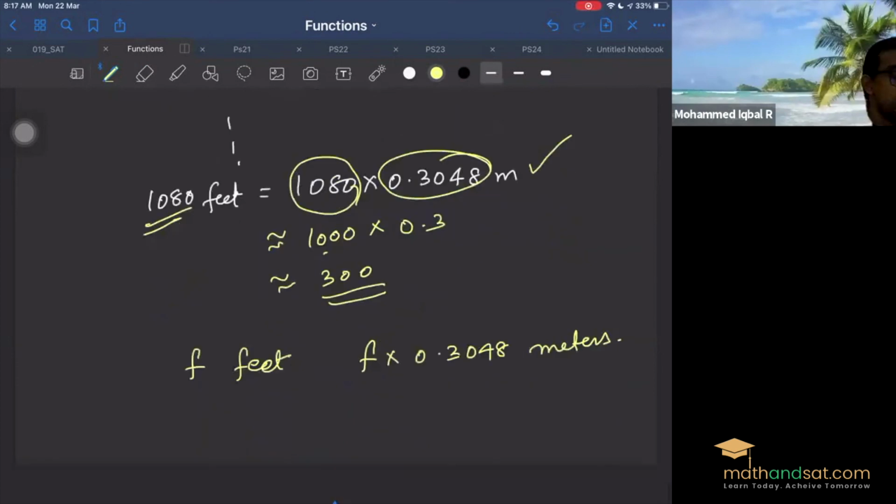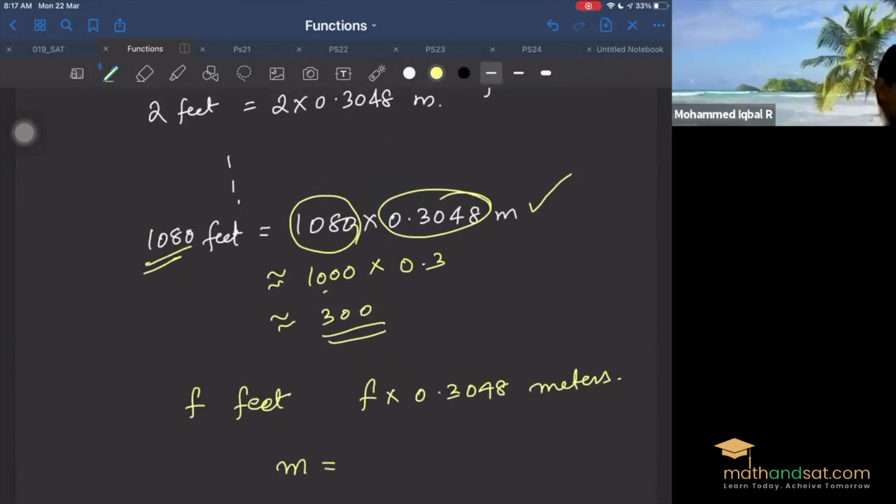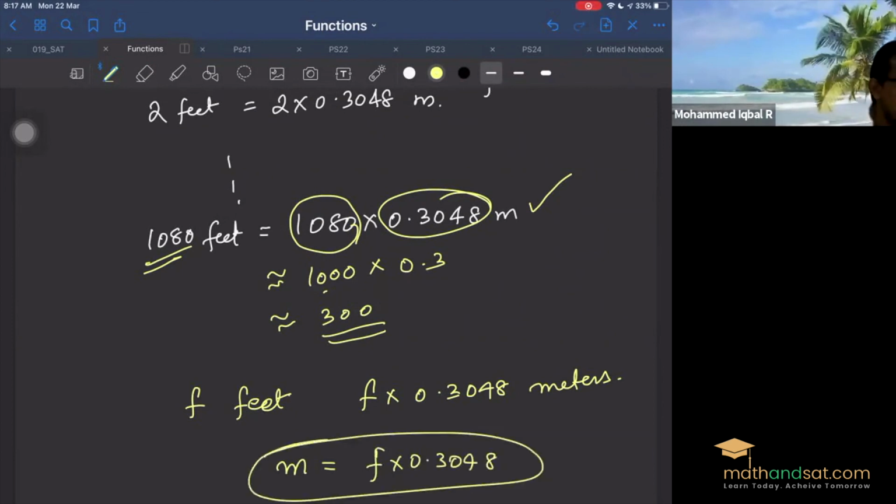So the same distance measured in meters will be f times 0.3048. That is the relationship between m and f.